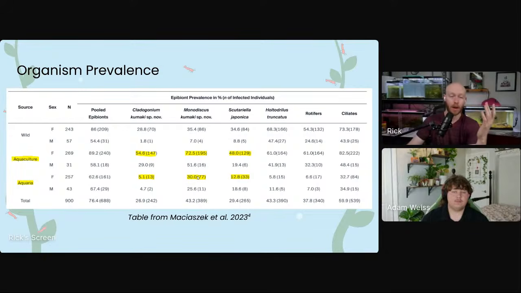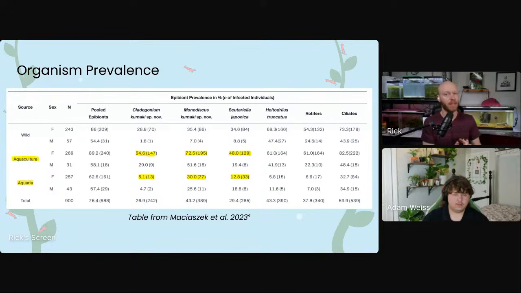So it is more common there, but it's not as obvious, and they're generally going to be fewer. Scuturiella was 48% in aquaculture versus 12%. Holtodrillis was 61%. These other ones are not as big of an issue, so we're not going to talk about them. But you can see just how big a difference it makes where these shrimp come from in how likely you are to get some sort of epibiont that you may or may not have to deal with.